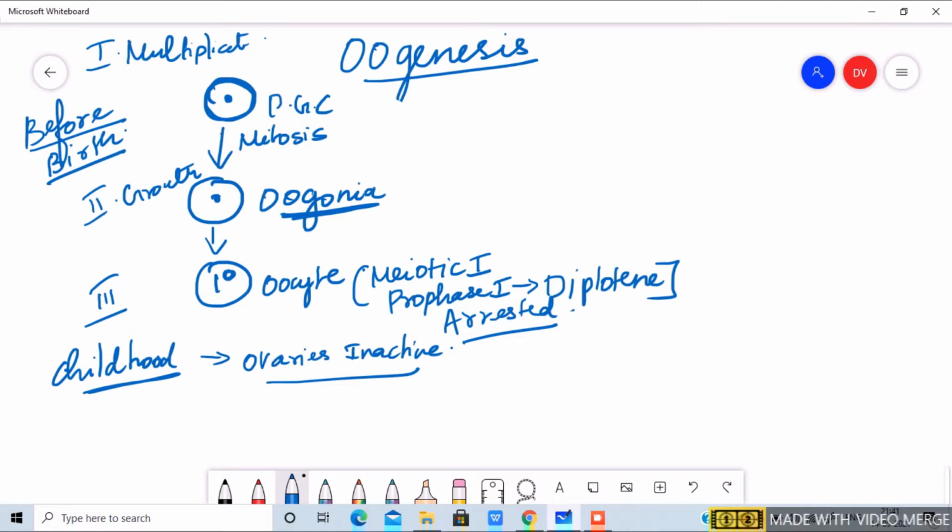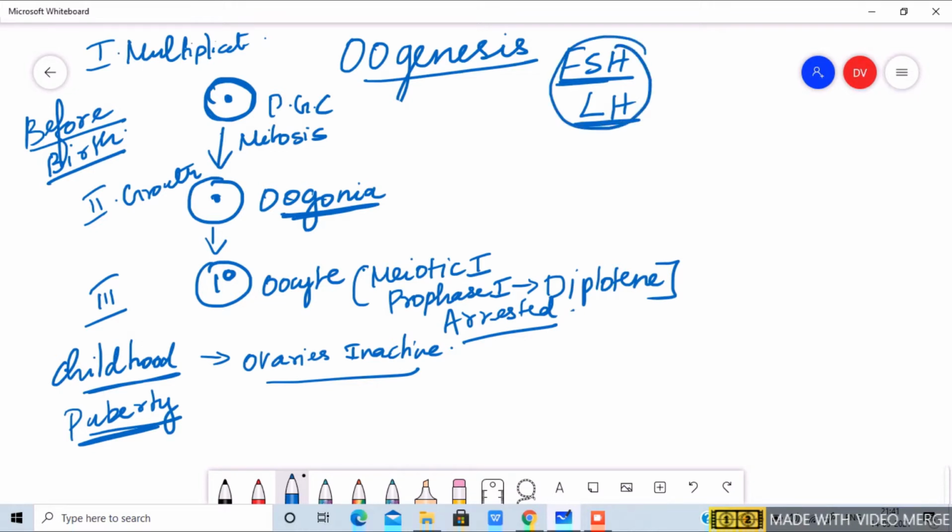But what happens after puberty? That is, once they attain sexual maturity. First of all, what is puberty, guys? It is when the induction of the sex hormones comes into play, right? Especially two hormones released by the pituitary gland: FSH, follicle stimulating hormone, and LH, luteinizing hormone.